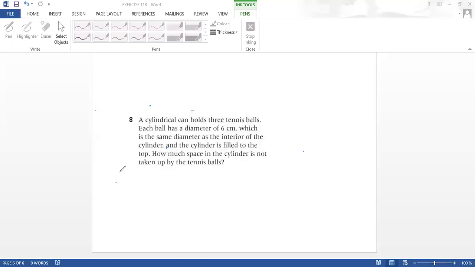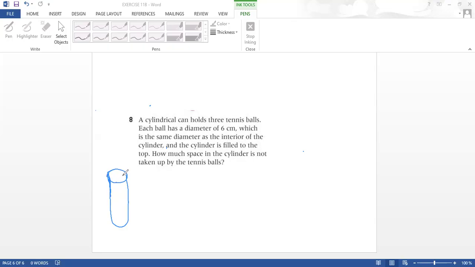Each ball has a diameter of 6, which is the same diameter as the interior of the cylinder, and the cylinder is filled to the top. How much space in the cylinder is not taken up by the tennis balls? So for this kind of a question, it's good to have a model of it.